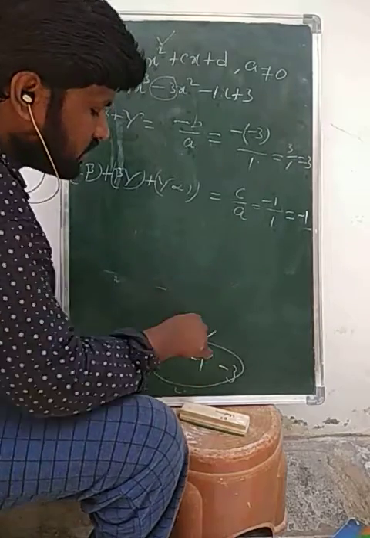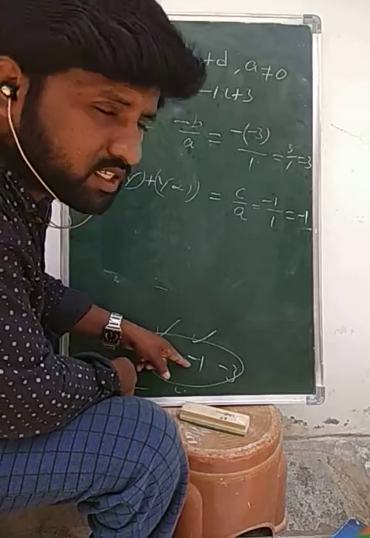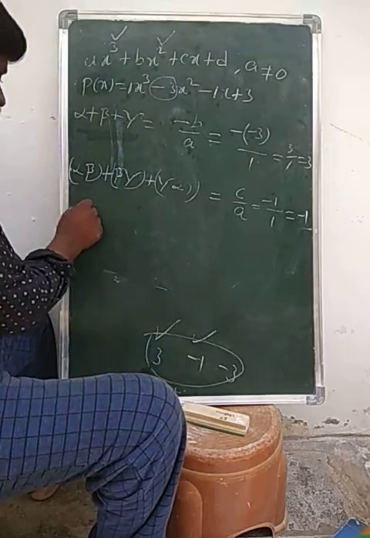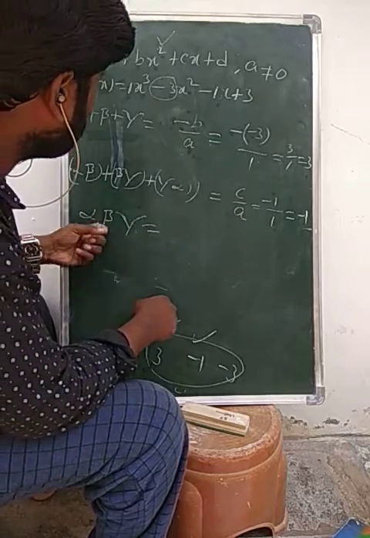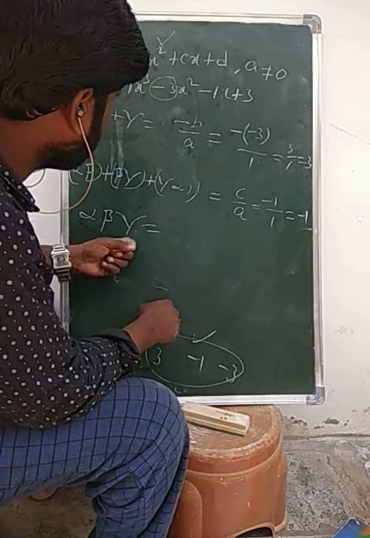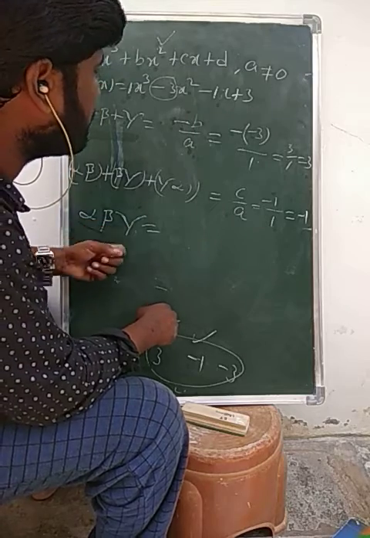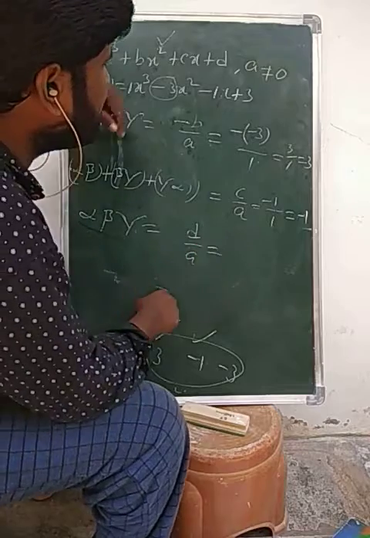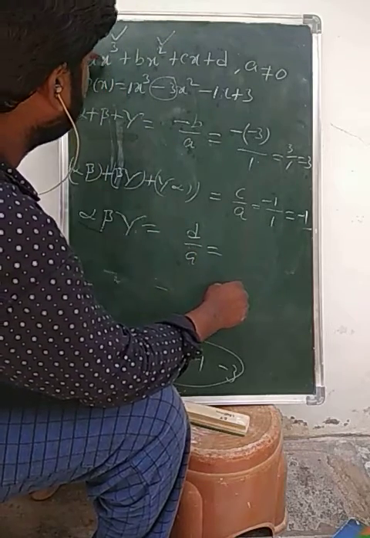So second, we get the sum of products of zeros taken two at a time as minus 1. Now the product of zeros, directly alpha into beta into gamma, is minus d by a. D means the constant term, and a means the coefficient of x cube.